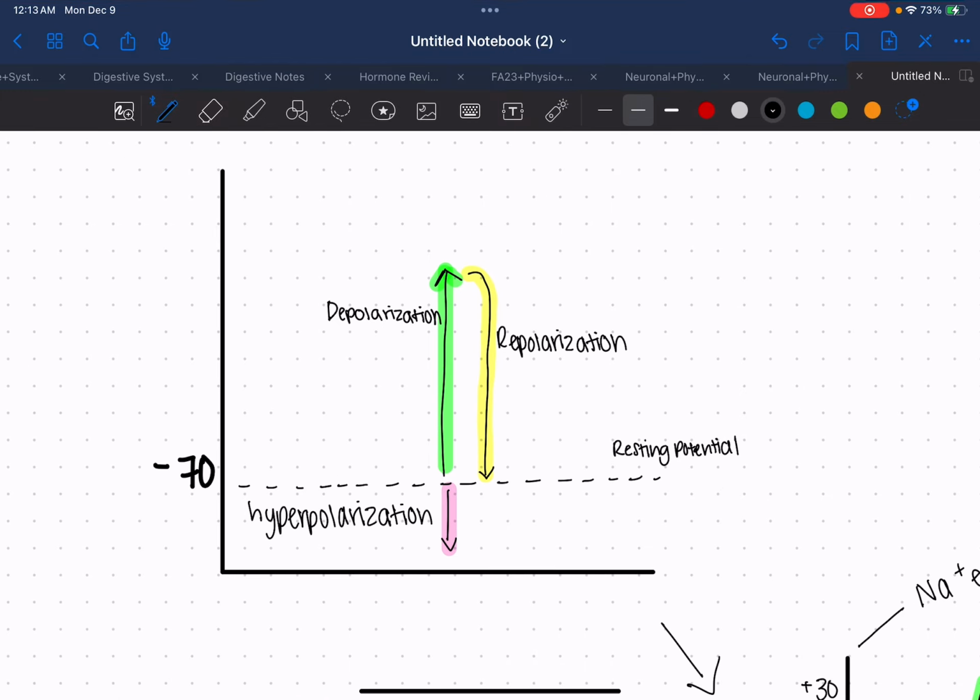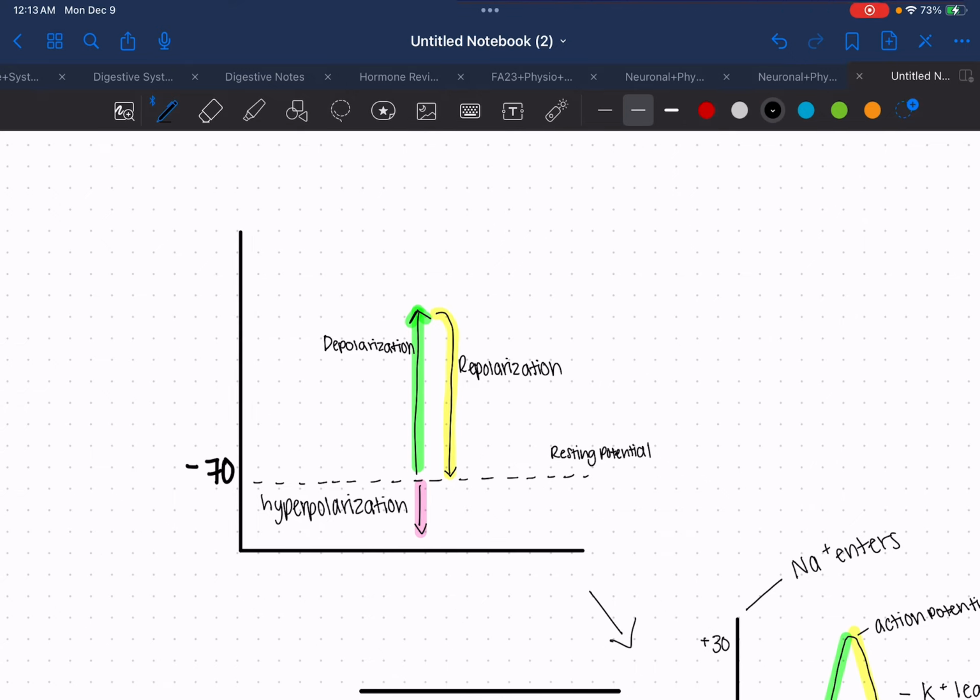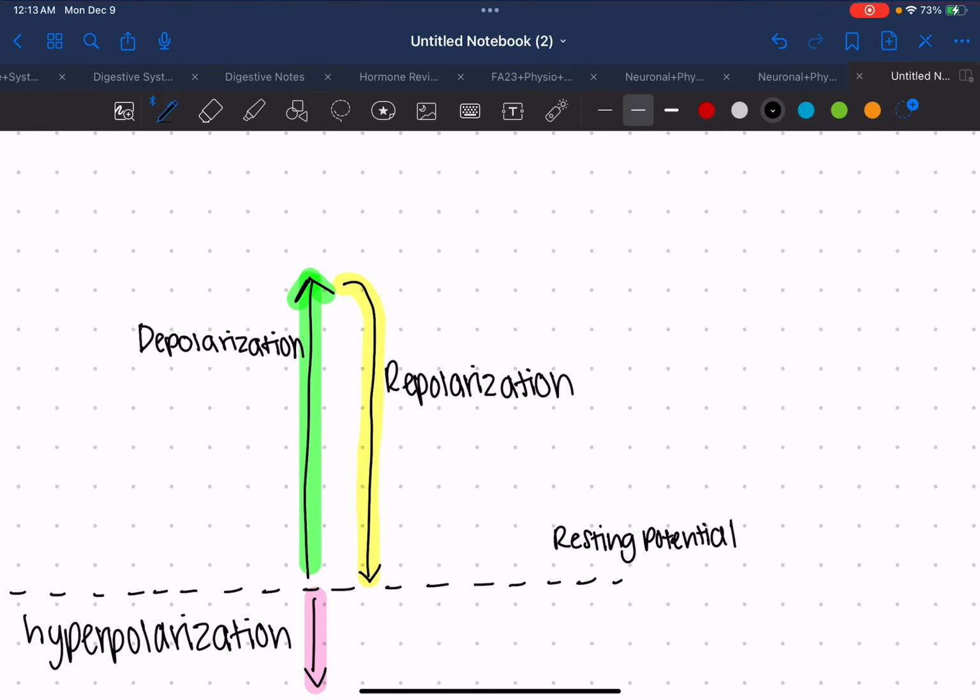Depolarization is when Na+ rushes into the cell, making the inside positive relative to the outside, which we see as positive 30 millivolts. Then at repolarization, voltage-gated K+ channels open, allowing K+ to exit, which restores negativity inside the cell.